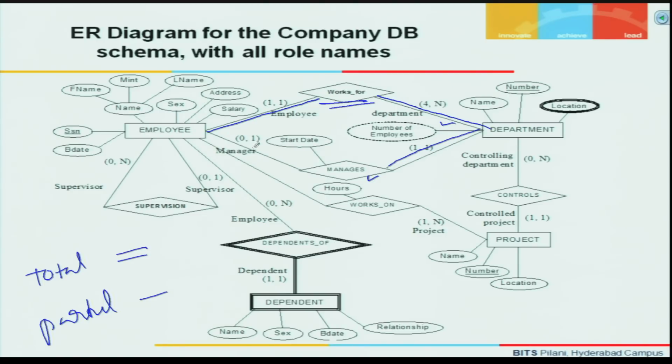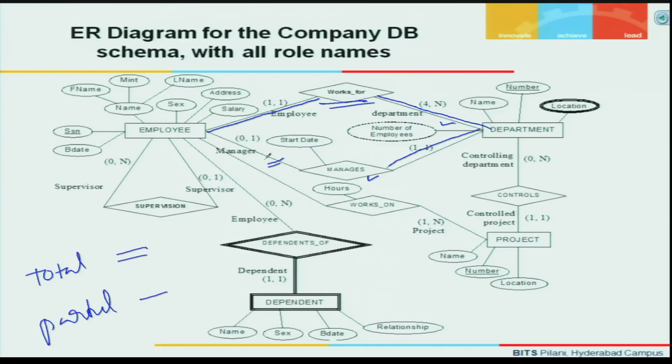On the other side, it need not be a double line, because suppose you have 5 departments and 1000 employees in the company, only 5 employees can become managers, and the remaining 995 employees are not managers. So that's why it is partial participation. I have only a single line here.